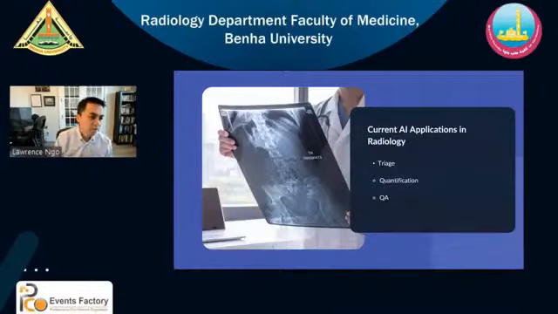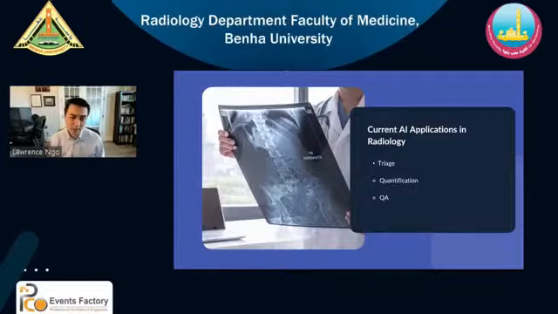When we turn specifically to radiology, some tasks in radiology are also quite regular, so they tend to lend themselves to being improved with AI. So I've mentioned just a couple categories here. There's much more beyond these three categories on how AI is being used in radiology, but I'll focus on these three.